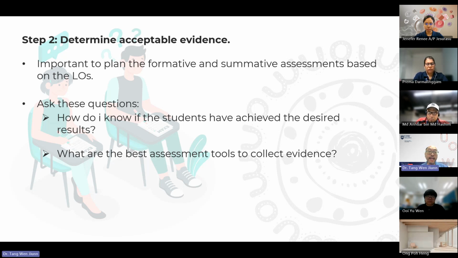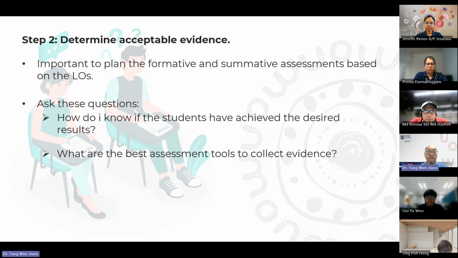Okay. So when we plan the formative assessment, we have to ask these questions. How do I know if the students have achieved the desired results? Okay, so this will be based on the LOs that we set earlier. What are the best assessment tools to collect evidence?